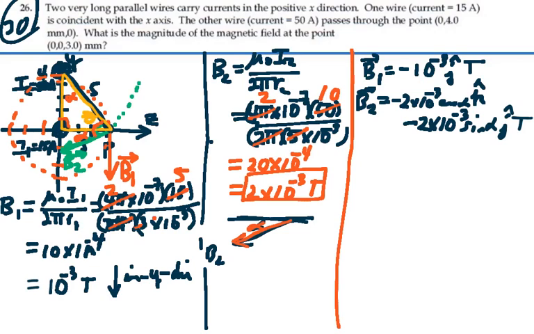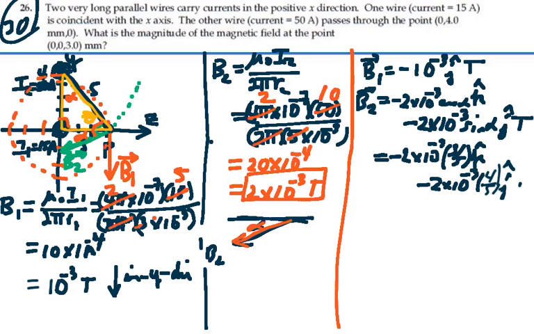So for B2, this is going to be equal to negative 2 times 10 to the minus 3 cosine alpha. As we look at that 3, 4, 5 triangle, cosine alpha is actually 3/5 k, minus 2 times 10 to the minus 3, and then sine of alpha is 4/5 j Tesla.